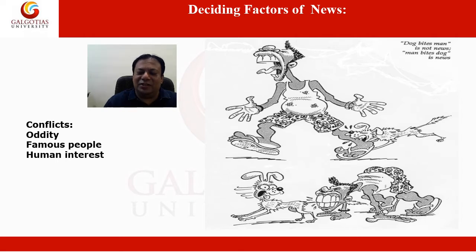So there are always two kinds of opinion, and these opinions are going on parallelly. Apart from it, human interest stories are also very important, because they have a good impact, or they provide some basic amenities to human beings, or they create a kind of impact on humans.